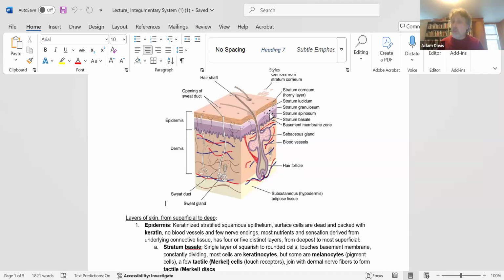They release a waterproofing coating onto the outside surface of the cell. From this layer on up, the epidermis consists of cells with a waterproofing coating on the outside of the cell.